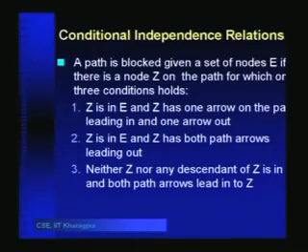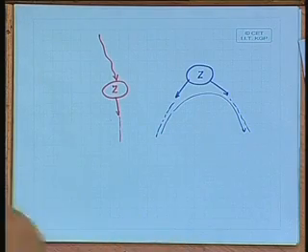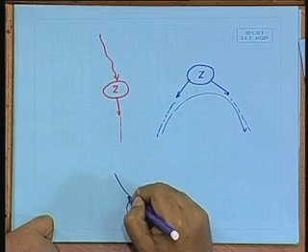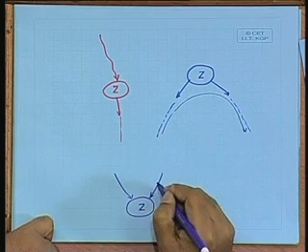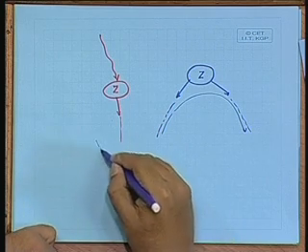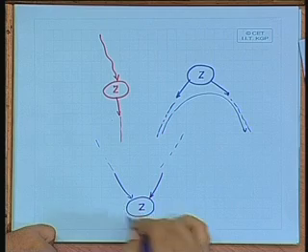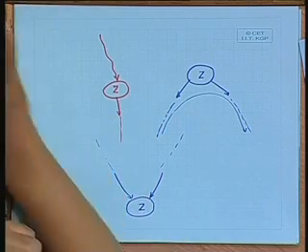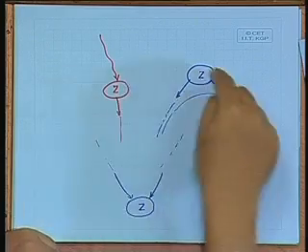Then neither Z nor any descendant of Z is in E and both path arrows lead into Z. So we have Z, both path arrows are leading into Z, and neither Z nor any of its descendants are in E. So the path is like this, but this node is not in E and neither of its successors are in E.